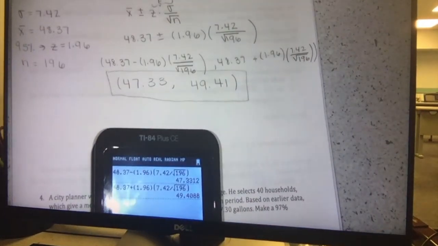And that's it for example 3. We're going to do one more like this, and then we're going to go on to the next topic. Before we go on to example 4, questions, comments, concerns on example 3?